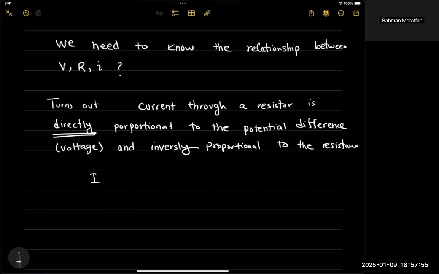Basically, I is proportional to V. I is also proportional to 1 over R.